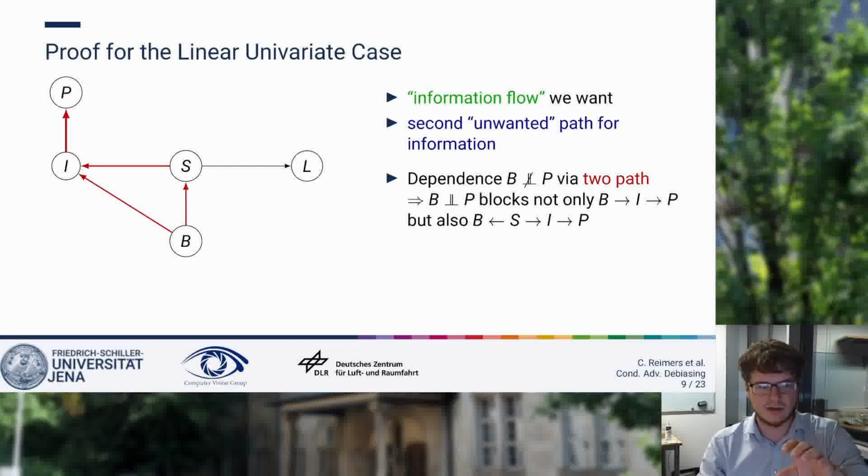And this information is also included in the image, and it is actually the part of the image that contains the signal. Therefore, independence can only be reached if the classifier uses neither the part of the image which contains the bias nor the part of the image which contains the signal.